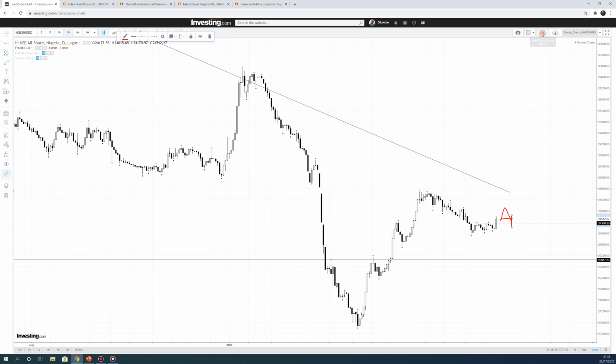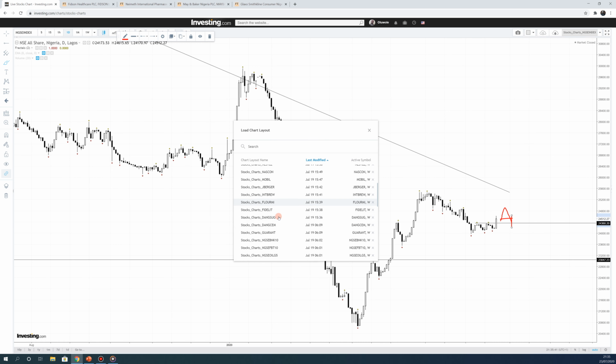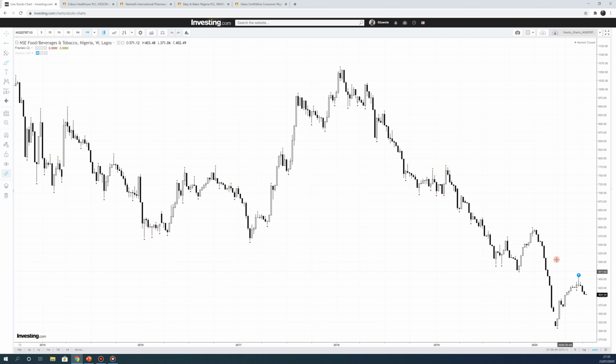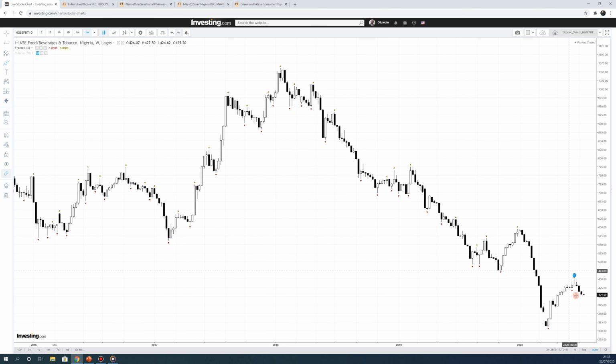Now let's see the consumer goods index. Okay, for the consumer goods generally, that's weekly. It's not doing anything. No activity, but last week was very bearish.